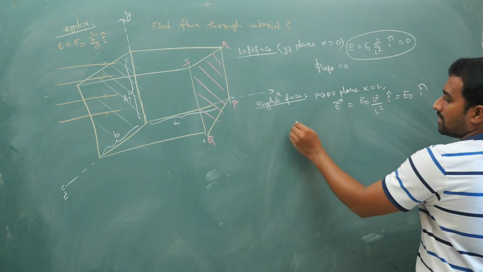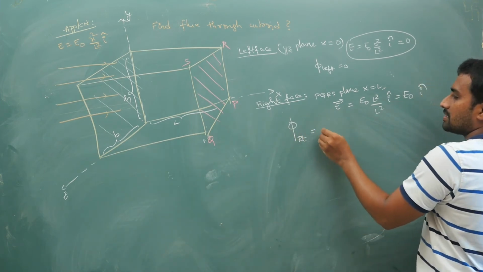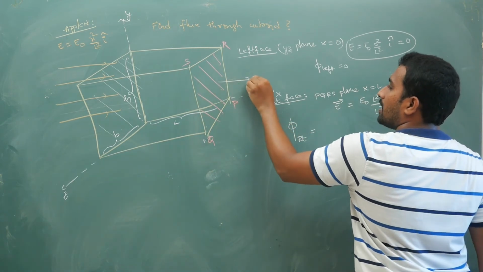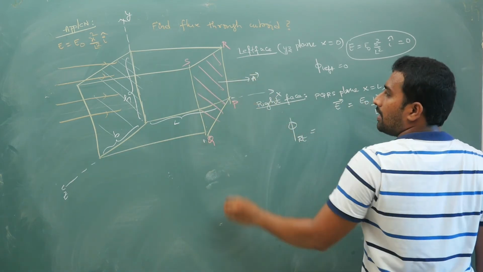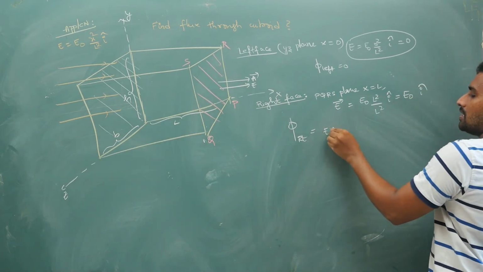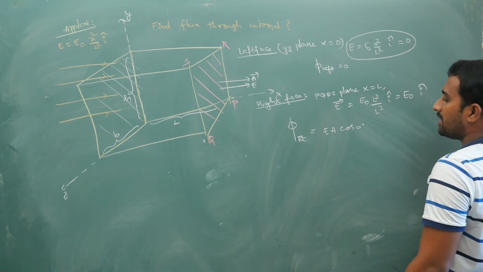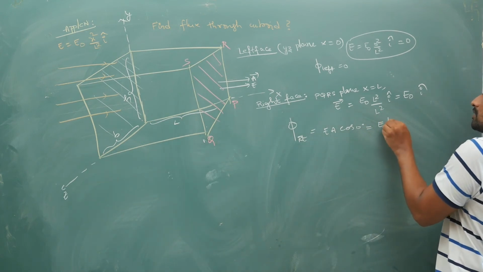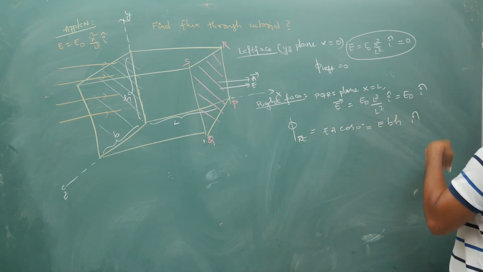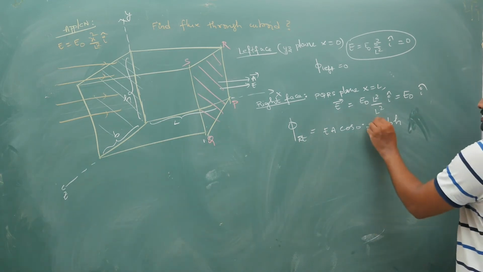Now if you calculate flux through the right face, your area vector is this way and your field is this way. So it is E A cos 0, your area is BH. So that is equal to E times BH, it is a scalar quantity, it is EBH.